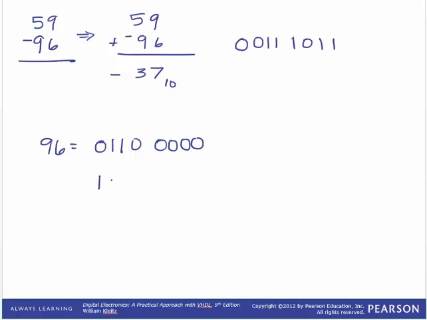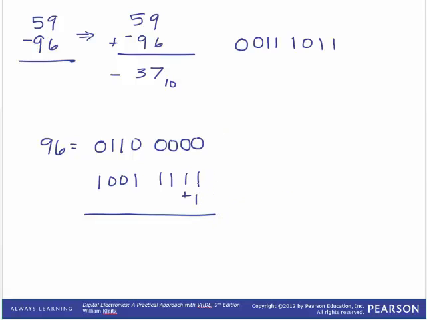So the first thing I do is complement it: 1, 0, 0, 1, 1, 1, 1, 1, and add 1, because that's what 2's complement is. If I just complement it, by the way, it's called 1's complement, and it doesn't work as well as 2's complement.